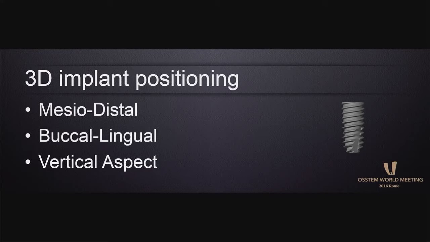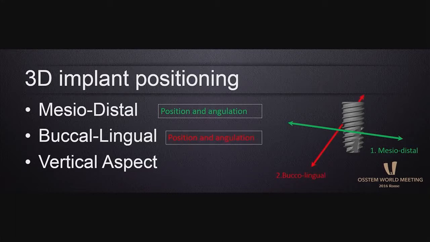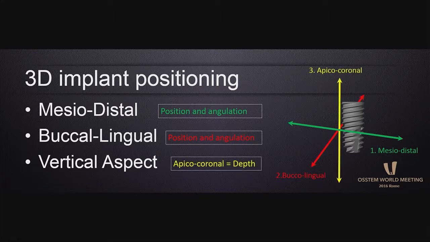The three components of the 3D implant position are: first, the mesial-distal implant position and angulation; second, the buccolingual implant position and angulation; and last is the apicocoronal position, which is the installation depth of the implant. With all three implant positions, the implant restoration will achieve aesthetic and long-term functional stability.